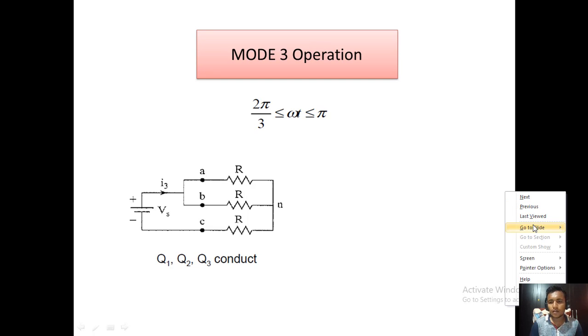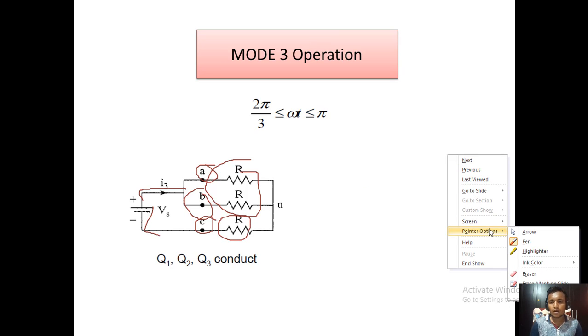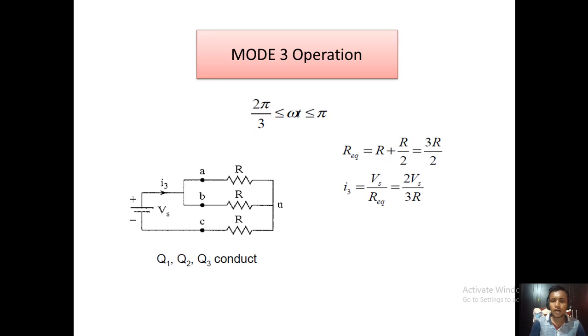A and B terminals are connected to the positive supply, and the C terminal is connected to the negative terminal. These two are a parallel combination, and that is in series with the other. Similarly, we find the equivalent resistance, that is R plus R by 2, that is 3R by 2, and the current is Vs divided by 3R by 2.